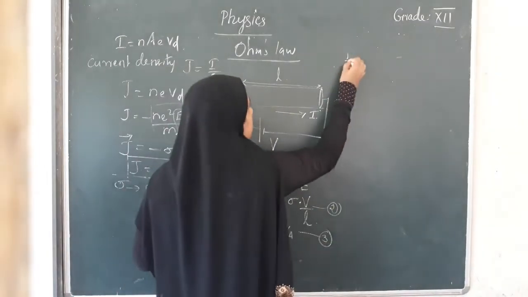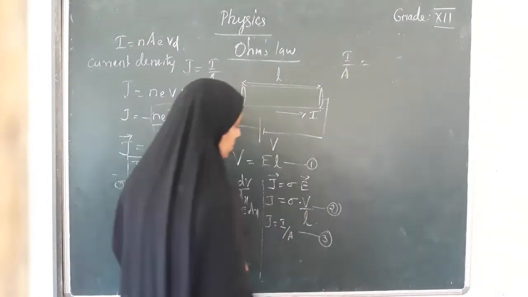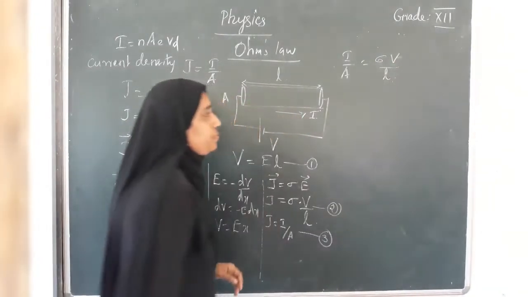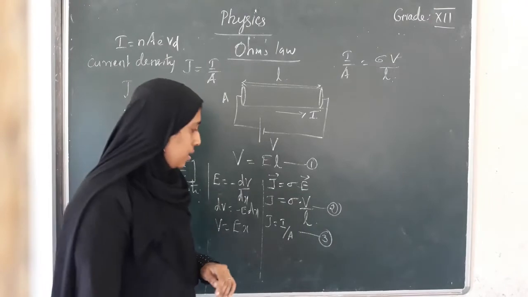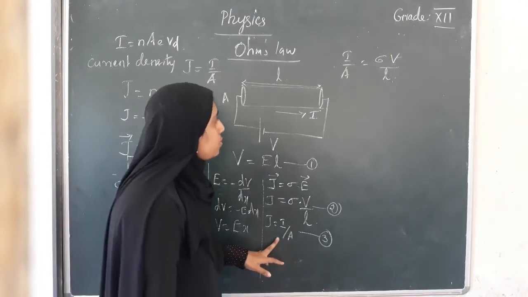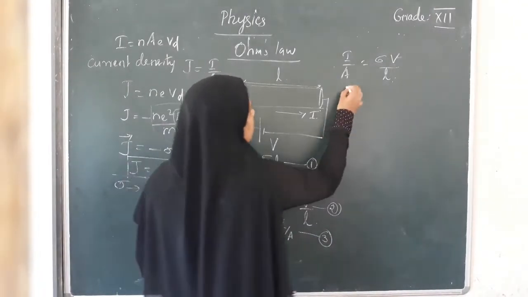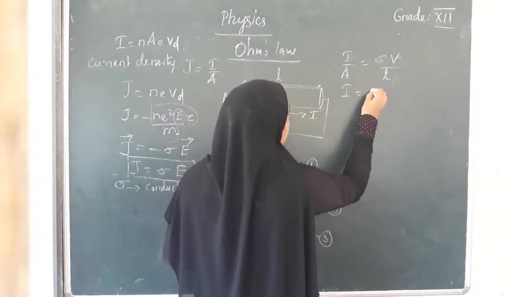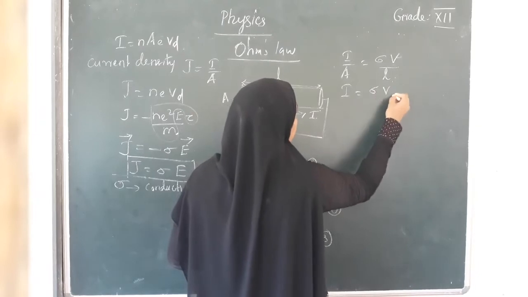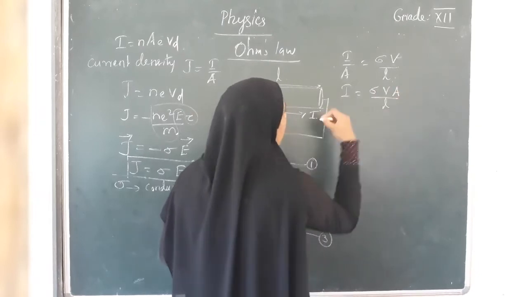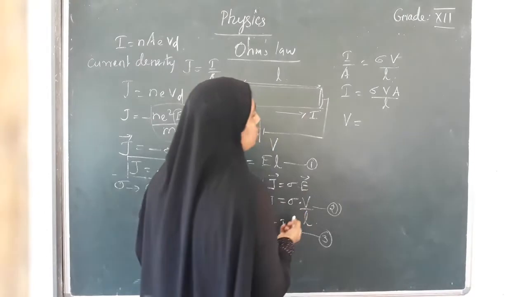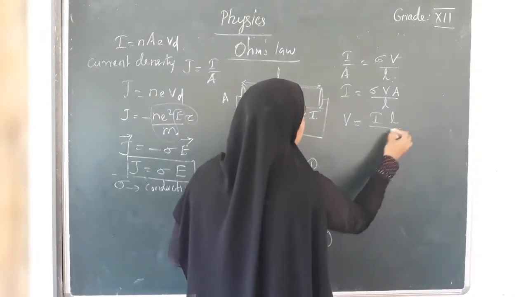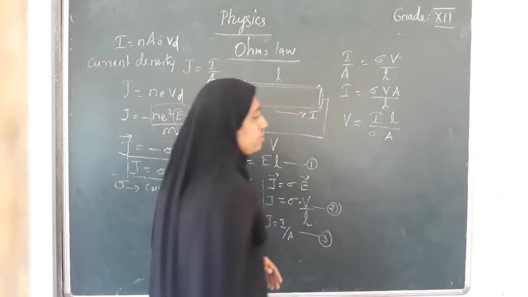We can write I by A equal to sigma into V by L. Now we can rewrite this equation as I equal to sigma V A by L, or we can write V equal to I into L divided by sigma into A.